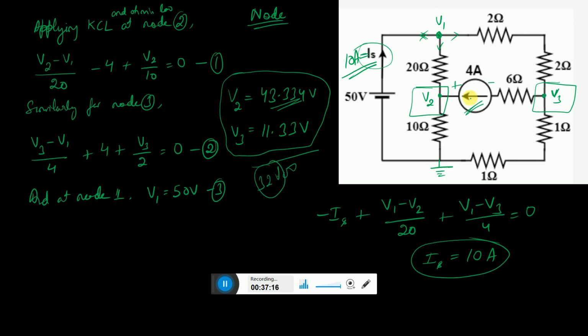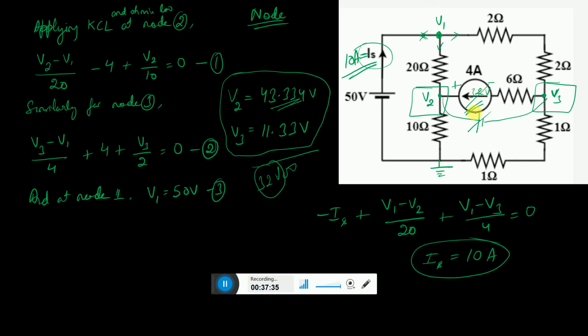So this is a 32 volt difference, and the voltage across the source must also be 32 volts. Then only they cancel each other and there is no current through the 6 ohm.